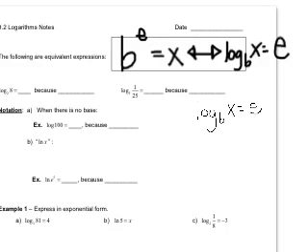So keep in mind, what we're doing is converting. We're going from one form to the other form. So if you're starting with log form, if you apply drop it, cross it, you're going to be going to the exponential form.